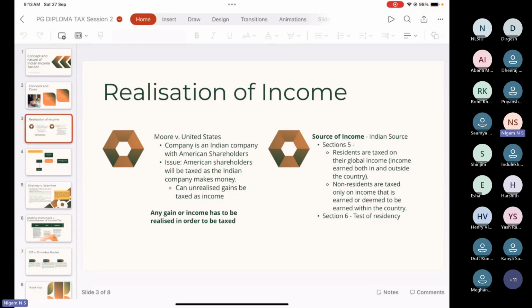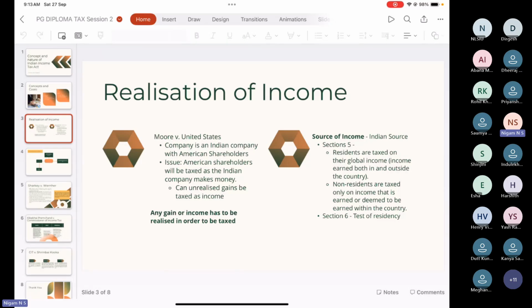And the idea there was that if you have an Indian company that's earning money in India, but it's not sending any dividends or money back to its American shareholders, then you can't say that the American shareholders have realized any gain or any income for purposes of taxation.